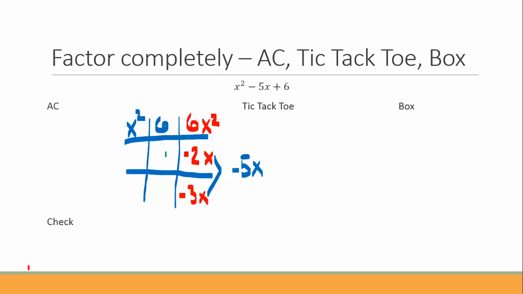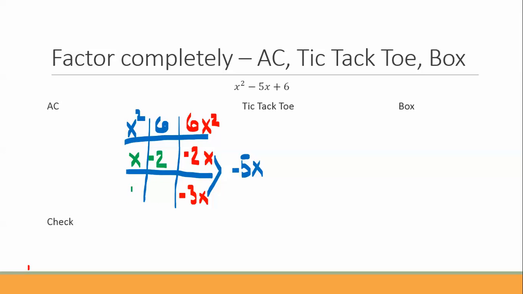Now we're going to work with our greatest common factors. Just like when we were multiplying, this box comes from x squared and minus 2x. The greatest common factor of x squared and minus 2x is x. This one is 6 and minus 2x, we need that negative in there, so we're going to put the negative 2 here. This box is x squared and minus 3x.